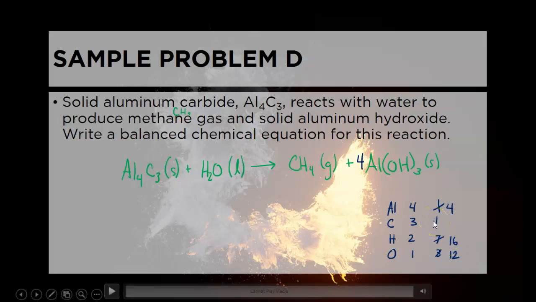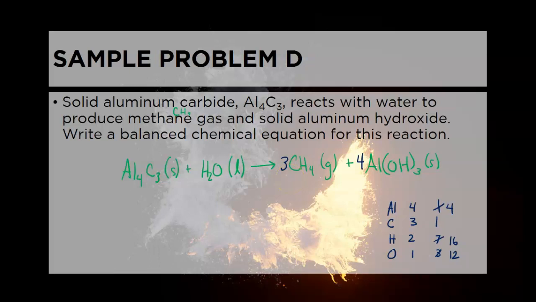Because now the carbon, I know I need to do something to carbon because this has to be more than 1. So I'll put a 3 there to match the one on the left. That's going to affect hydrogen more. It's going to bring me up to 12 plus 12. Now I have 24.